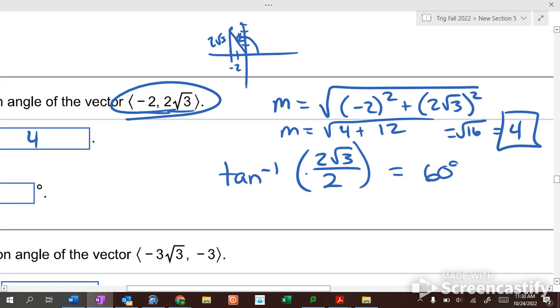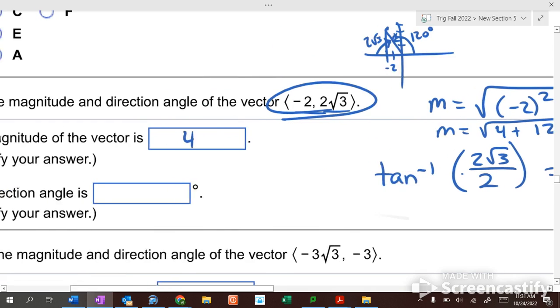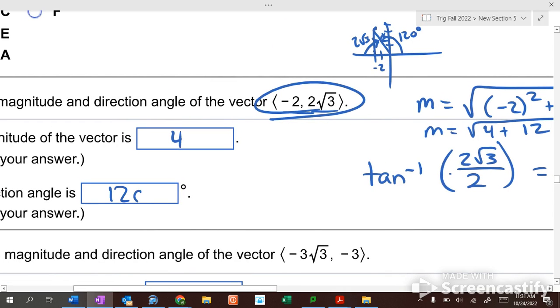So you're 60 degrees away from the x-axis. Which x-axis? From the 180-degree x-axis. So if you're 60 degrees away from there, this angle is 120 degrees. So the direction of your vector is 120 degrees.